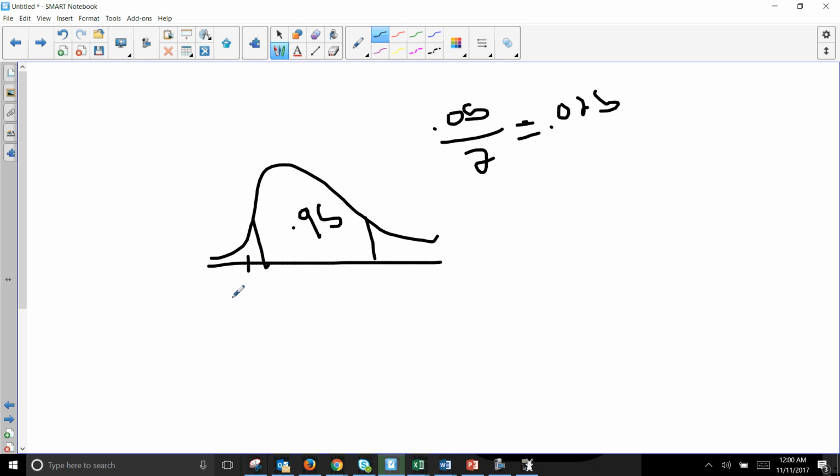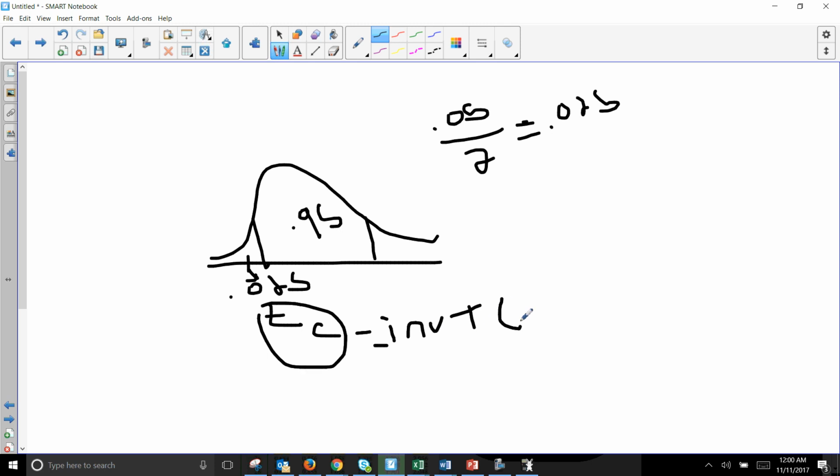So that means this must have 0.025 to the left, whatever t critical value this is, right? So if I want to find this t critical value, this is going to equal inverse t of 0.025. And we need degrees of freedom 5.